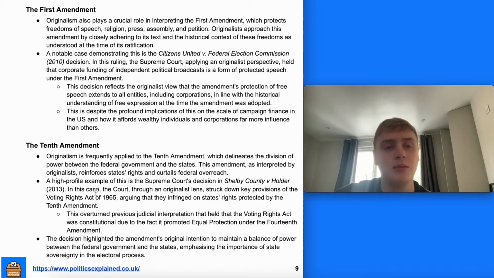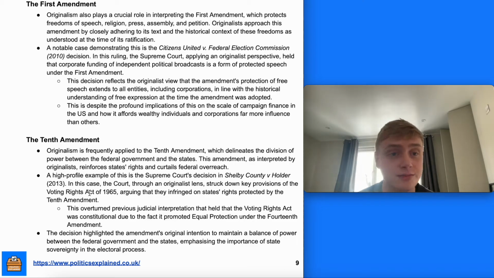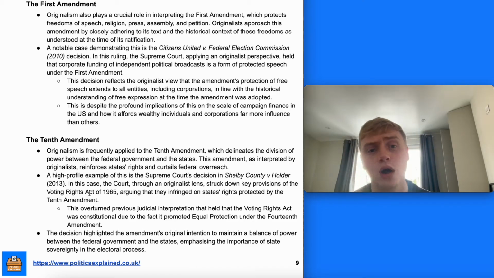And a key example of this in a case is Citizens United, where in this ruling the Supreme Court, applying an originalist perspective, held that the corporate funding of independent political broadcasts is a form of protected speech under the First Amendment. This reflects the originalist view that the amendment's protection of free speech extends to all entities, including corporations, in line with the historical understanding of free expression at the time the amendment was adopted, irrespective of this impact on campaign finance in US elections.